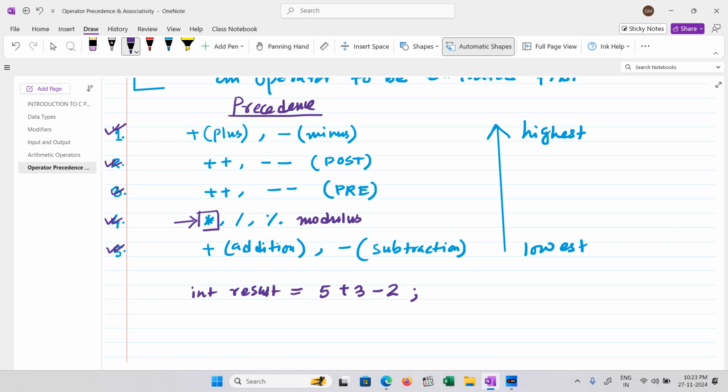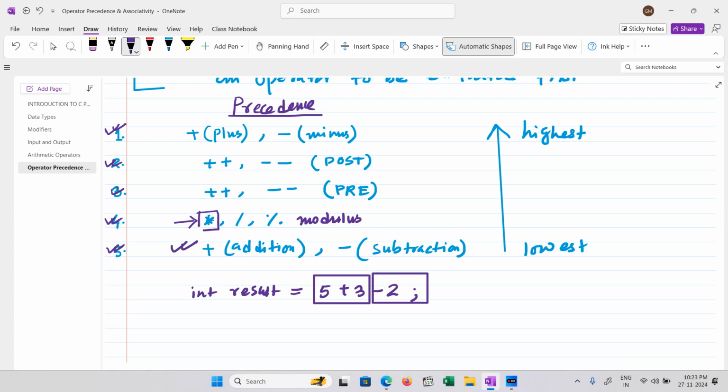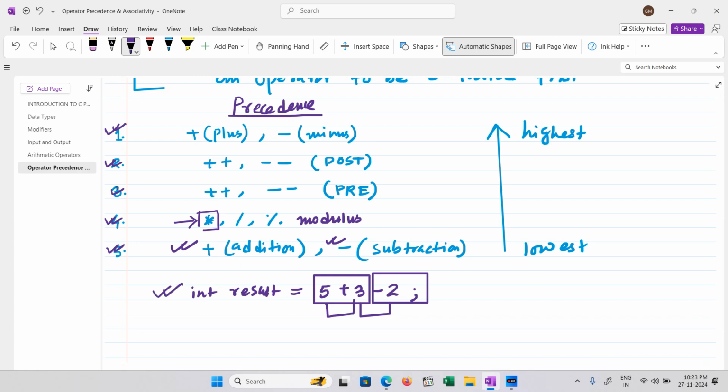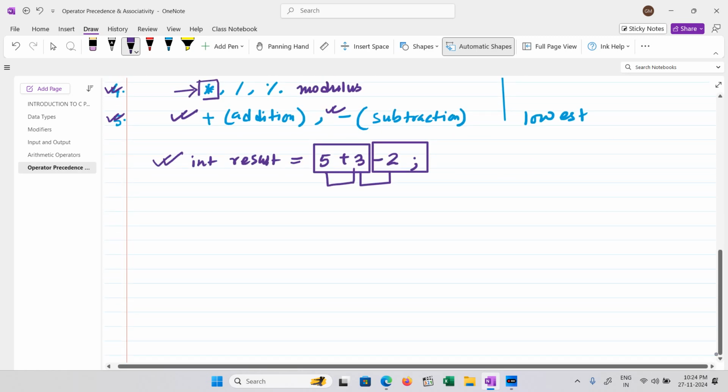We find that this expression has 2 operators with equal precedence, plus as well as minus. So how will the compiler take the decision, will 3 minus 2 be evaluated first or 5 plus 3? Whenever an expression has more than one operator with the same precedence, another concept needs to be applied. The second concept we call associativity.